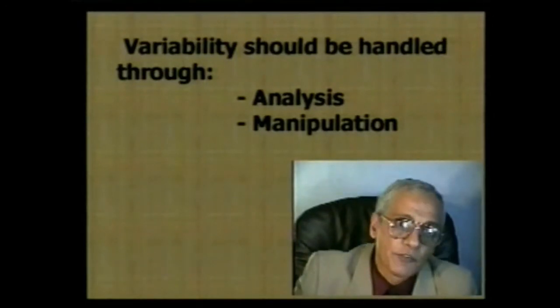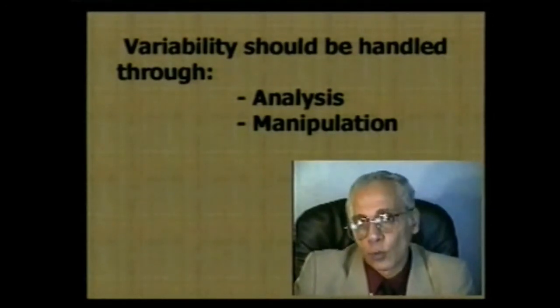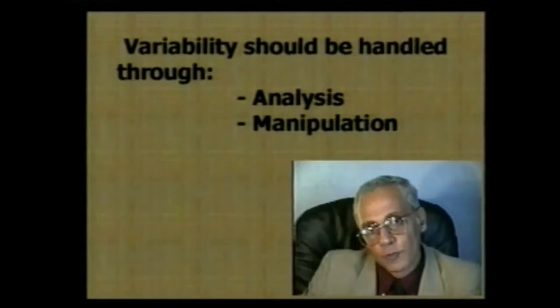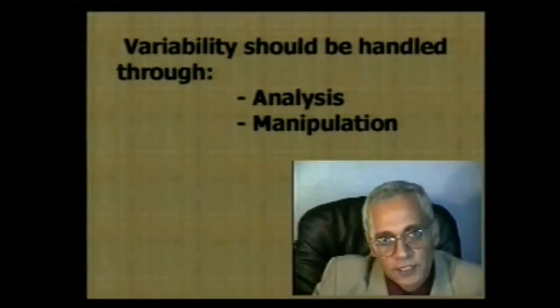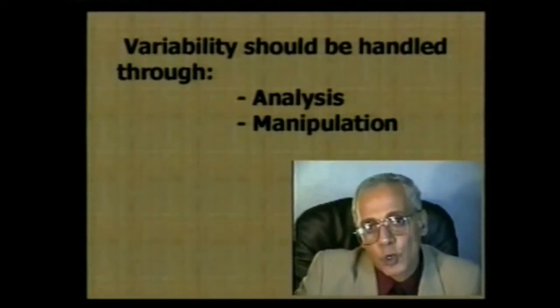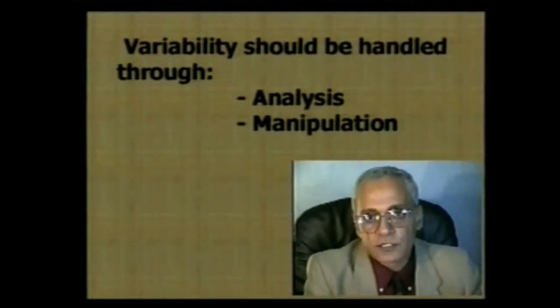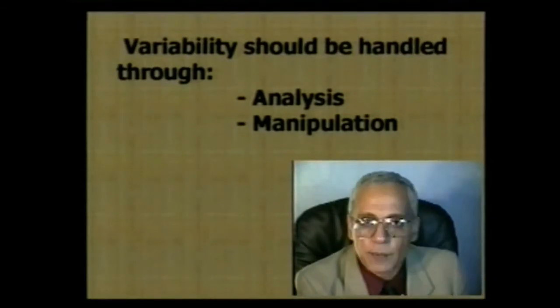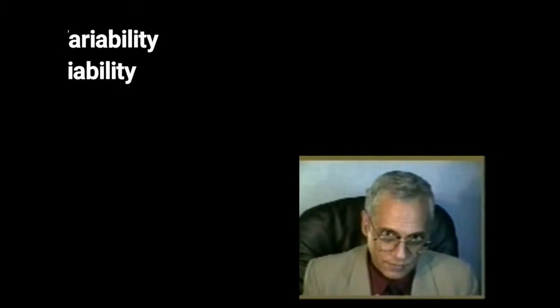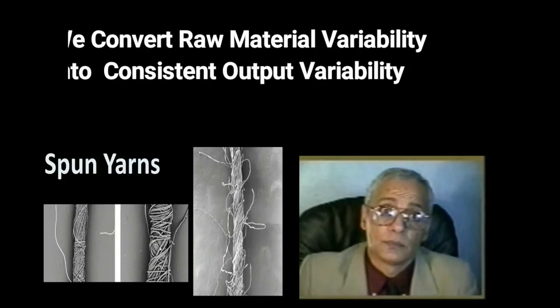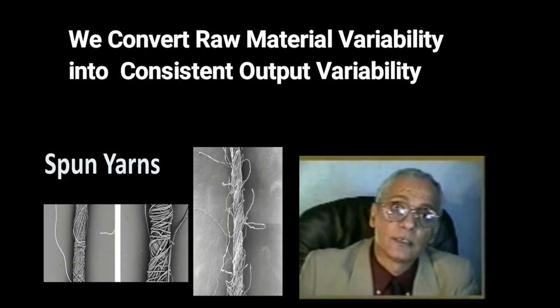We don't convert a highly variable raw material to a uniform yarn or a uniform fabric. But what we actually do is we convert the highly variable raw material into a consistently variable yarn. Our yarn is variable, highly variable.